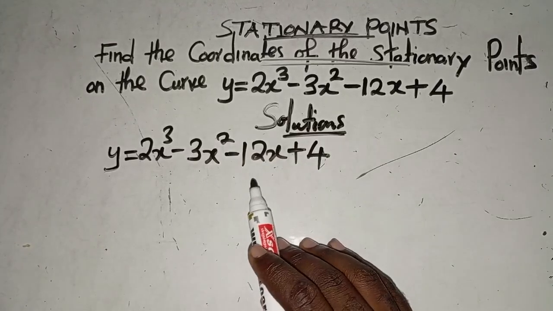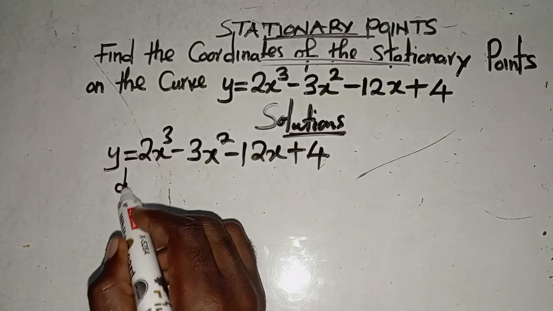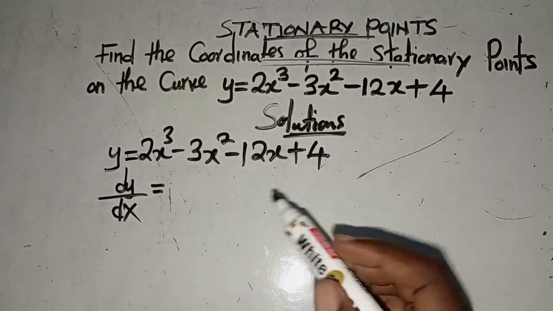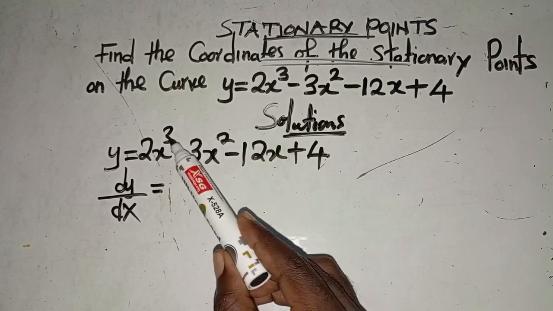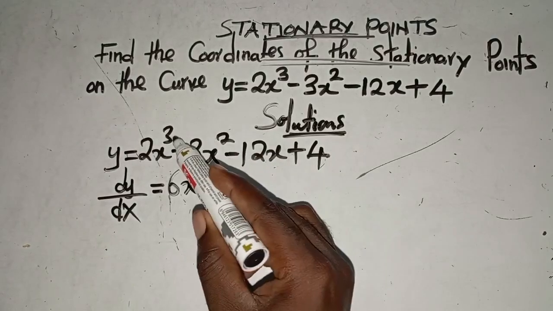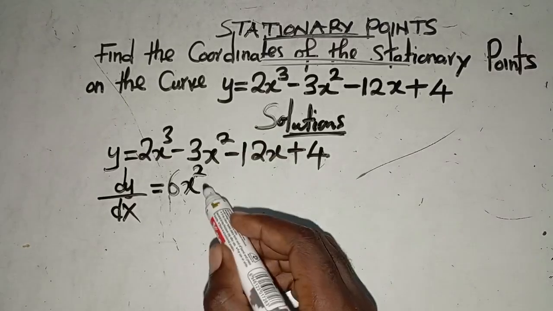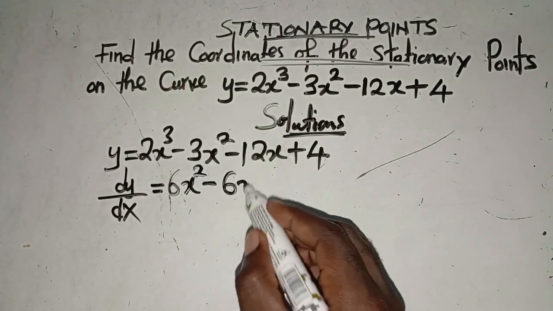You differentiate. You say dy/dx is equal to. How do we differentiate? We multiply the power times the coefficient. So you say 3 times 2, that is 6, so 6x. From the power remove 1, that one becomes 2. Minus 2 times 3, that is 6x.